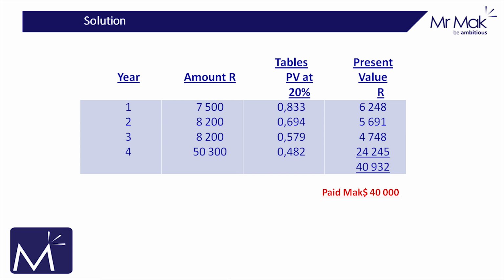That gives us a PV factor of 0.694, giving us a present value of 5691 for the cash flows in the second year. In the third year, there's also 8,200 worth of cash flows, gives you a PV factor of 0.579. That gives you a present value of 4748.